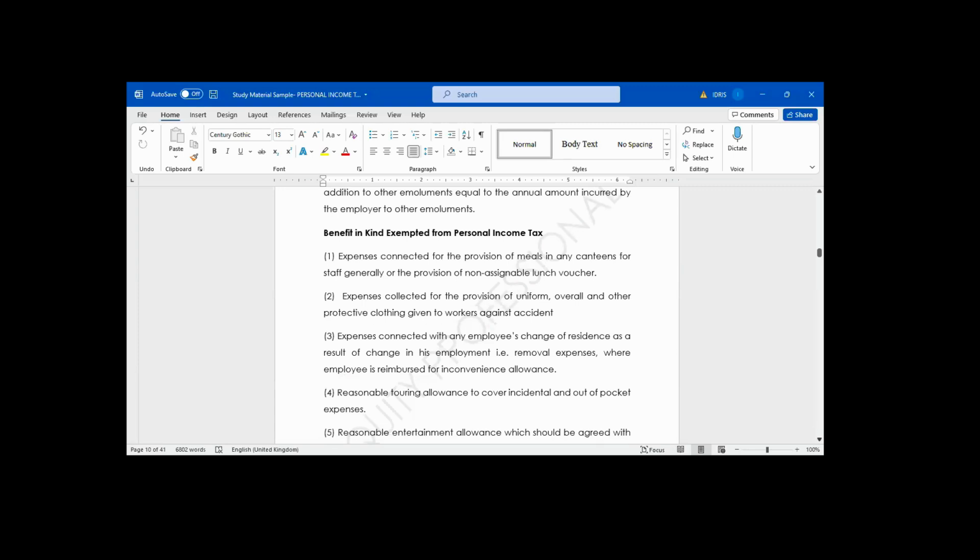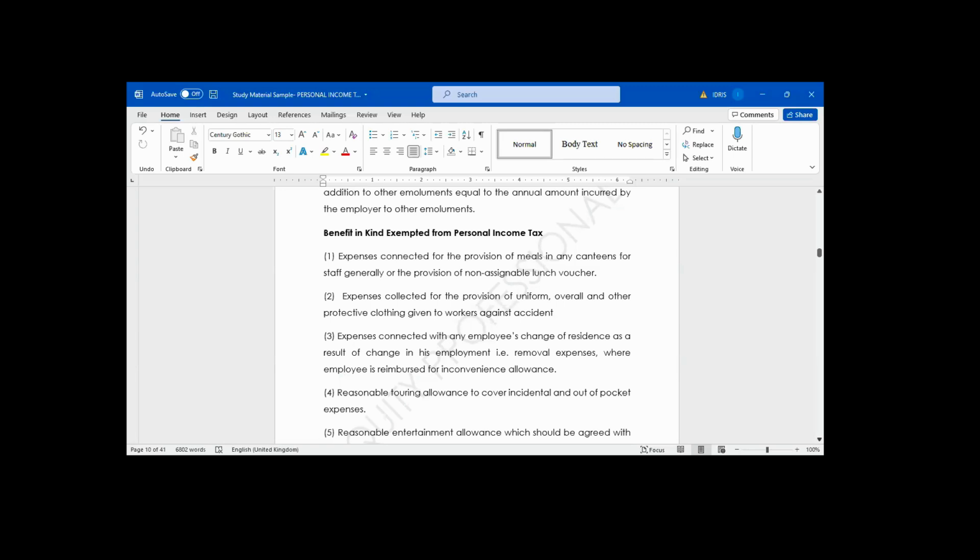Number one, expenses connected to provision of meals or canteen service or provision of lunch voucher. If your employer is giving you food every day while you are working, that food you are eating is free of charge. We cannot add that to your income as benefit in kind. So provision of meal or lunch voucher is not a benefit in kind.